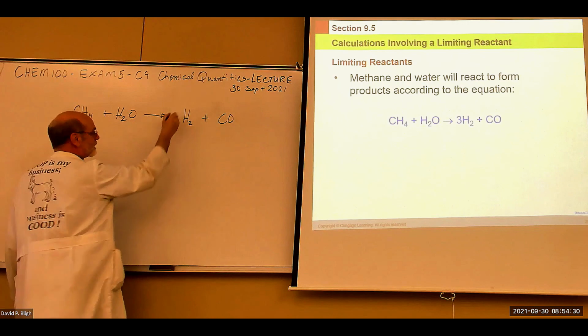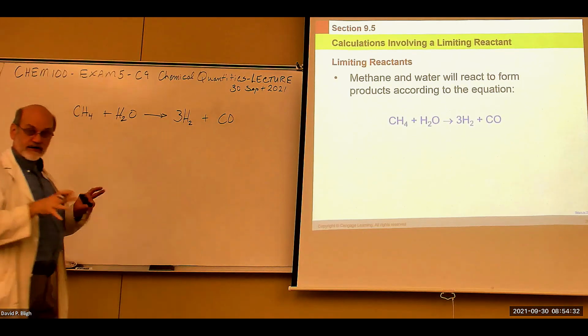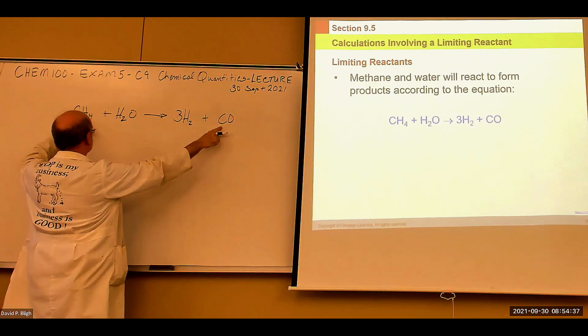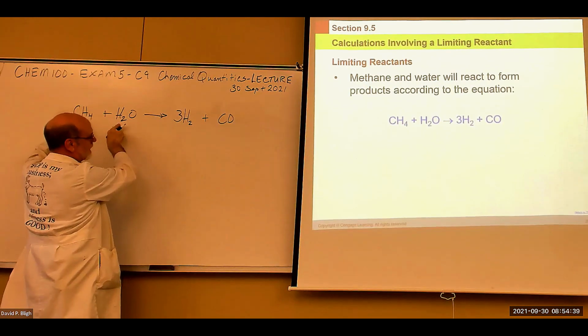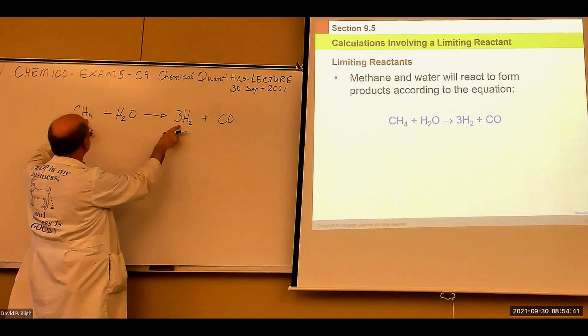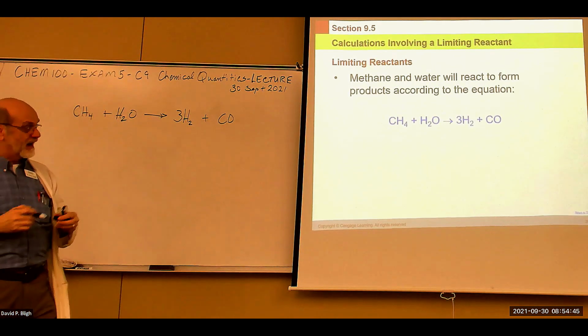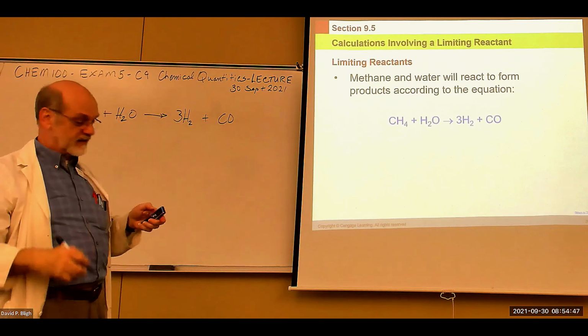We verify that our equation is balanced. 1 carbon, 4, 6 hydrogens, 2 times 3 is 6, and 1 oxygen. That equation is balanced. Okay, so we can proceed.